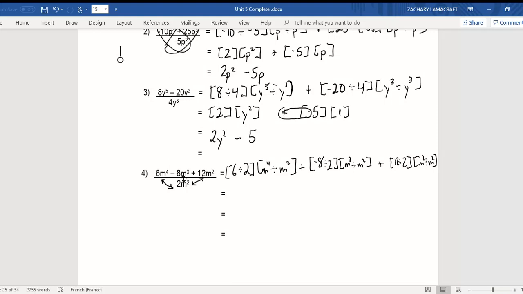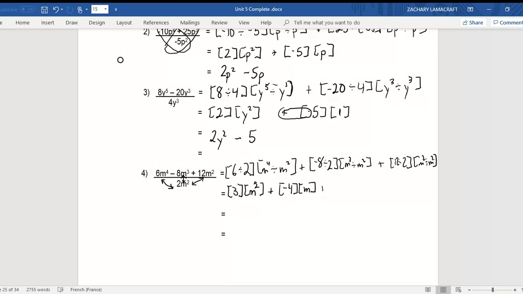So if we go through this, 6 divided by 2 is 3. m4 divided by m2, remember we just subtract those exponents. So it'd be m squared plus negative 8 divided by 2 is negative 4. And m to the 3 divided by m to the 2 is just m, because it would be m to the 1, and that is just m.